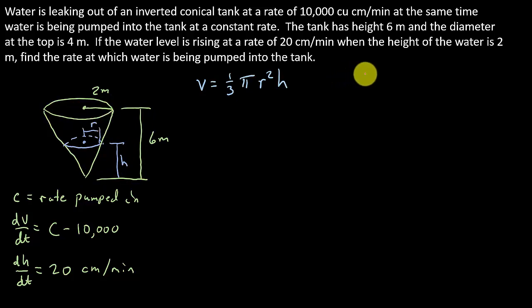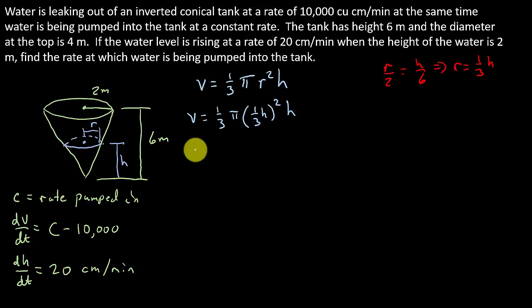So R over 2 is equal to H over 6, which tells me R is equal to 1/3 H. Now let's plug this in for R. So I get V is equal to 1/3 pi times (1/3 H) squared times H. This term here is 1/9 H squared.